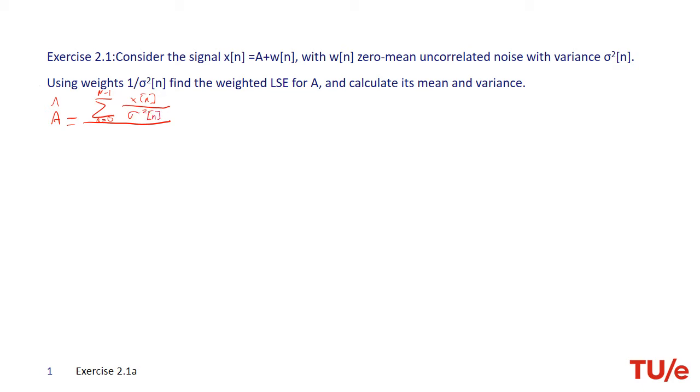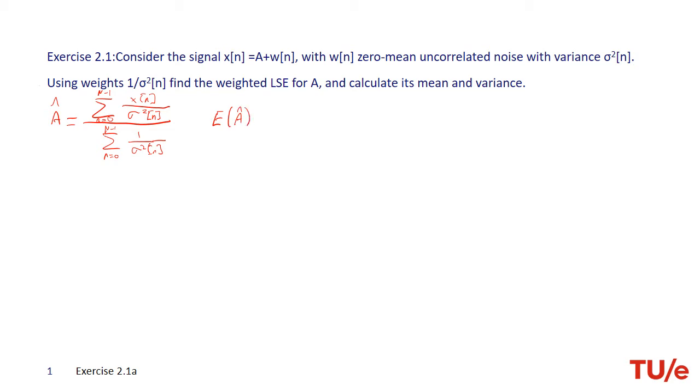So it's a weighted least squares problem. And this is again divided by the inverse of the noise variance. Okay. Now, we are interested in the expected value for a hat.